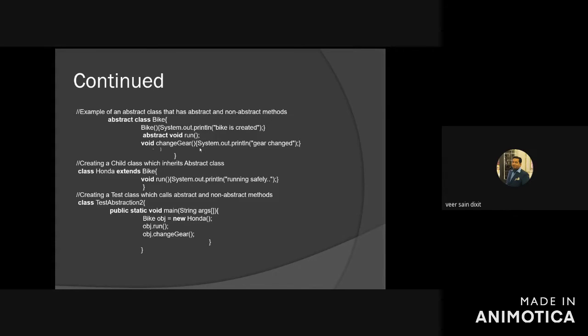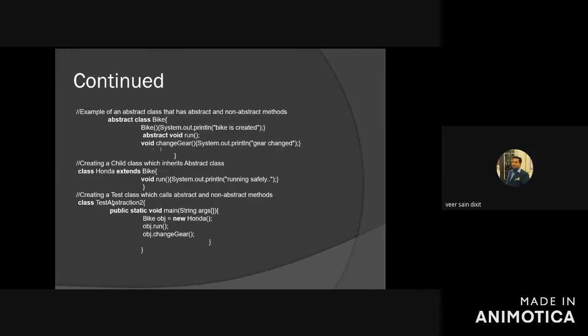Now you are creating a child class, a subclass, which is inheriting the abstract class Bike. You have created a subclass Honda extends Bike, and you are defining that abstract method run over here, in which you are printing running safely.